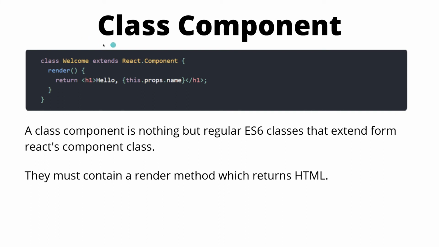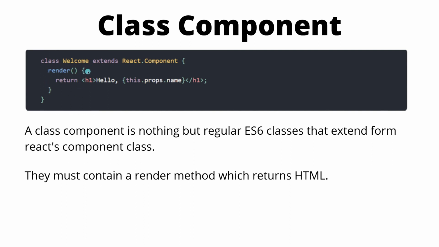We actually need to import that. The code to import that is not mentioned here for the sake of simplicity, but you can get the context here. What this does is it turns this regular class into a React component. And whenever you create a class-based component in React, you always need to have this particular render method.